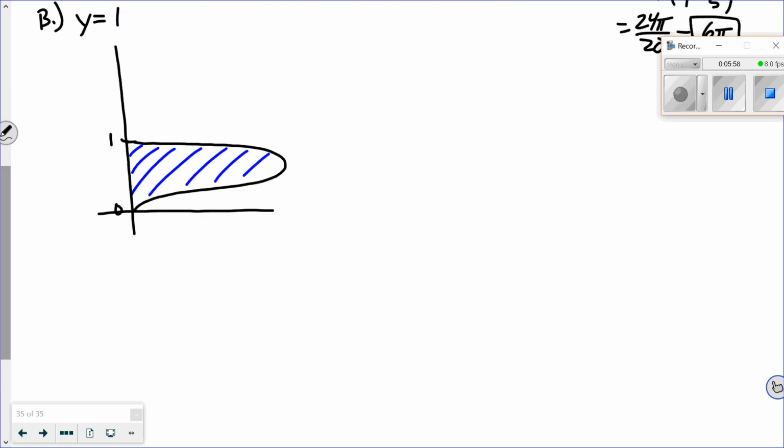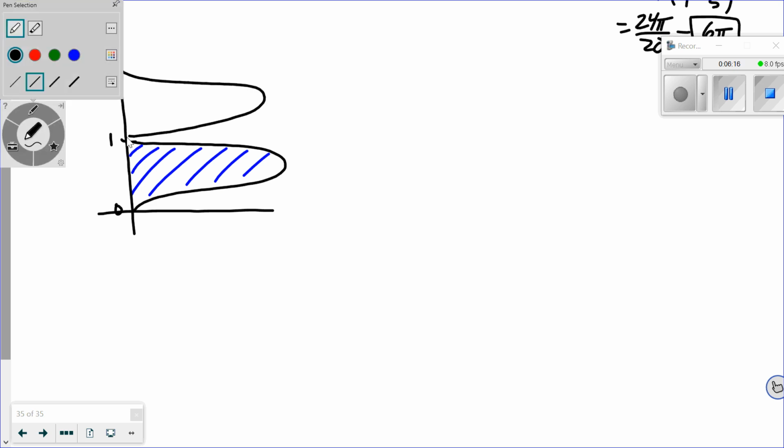All right, so for part B, we're going to rotate about the line y equals 1 here, another horizontal line. So we get a shape something like this up here. This part is the same.